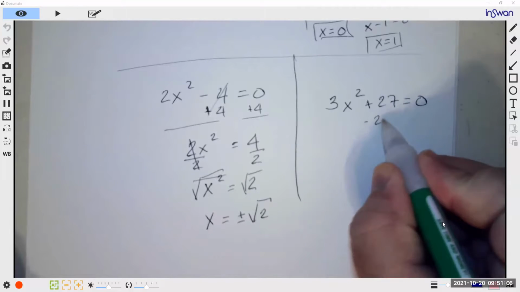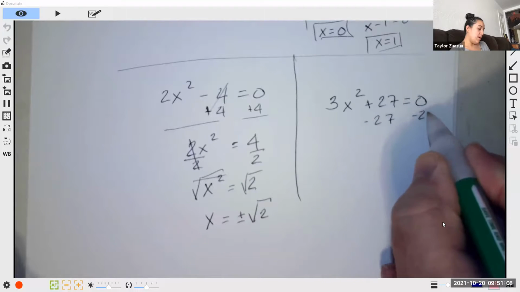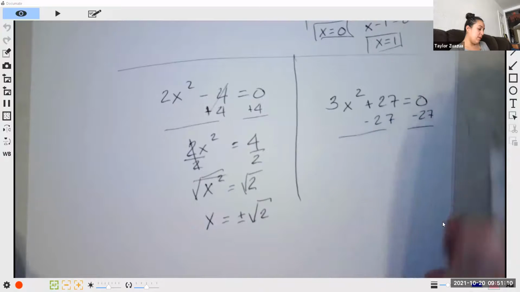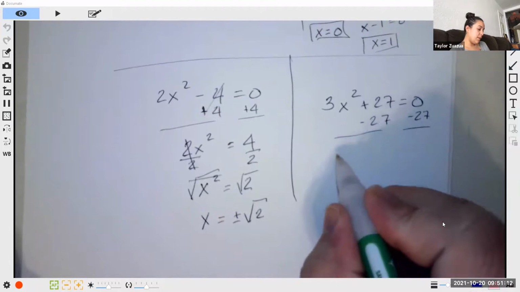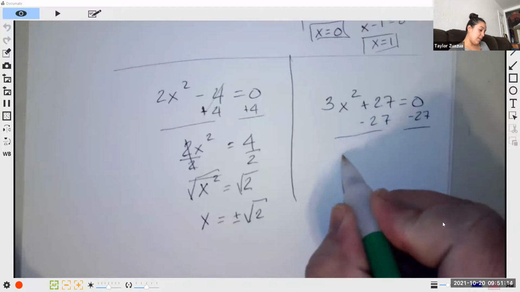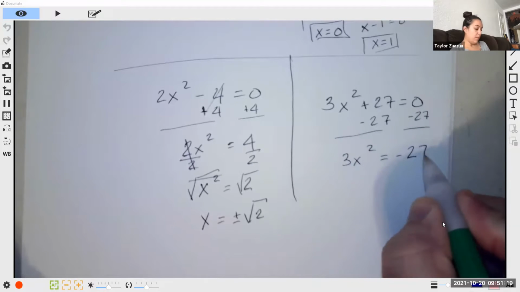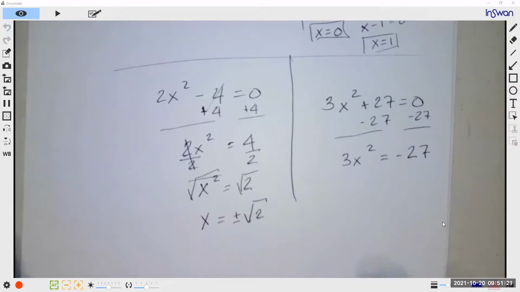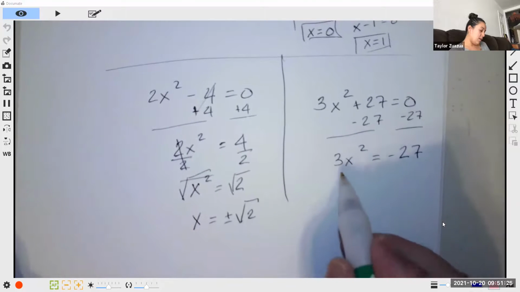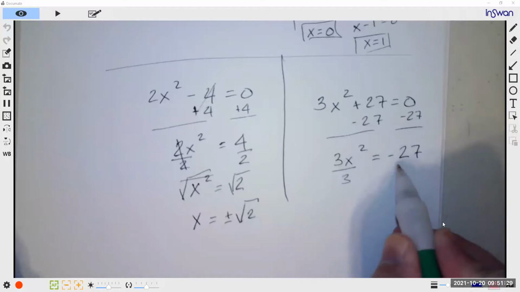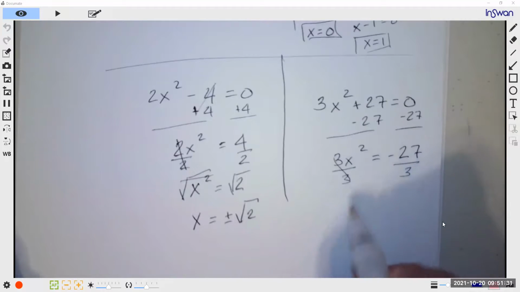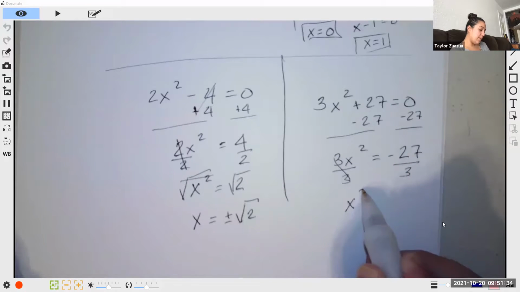So you get 3x squared, and then minus 27 on both sides, equals negative 27. Whatever you do to one side, you do to the other side. So you're subtracting 27. And then you want to divide it by 3. So x squared equals negative 27 divided by 3.